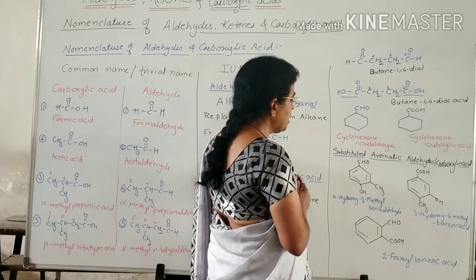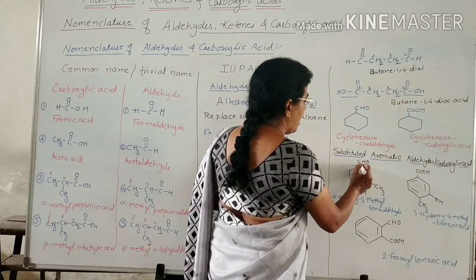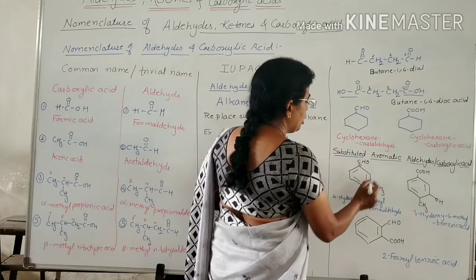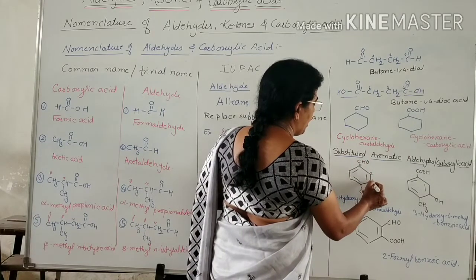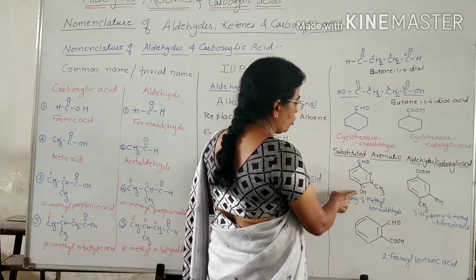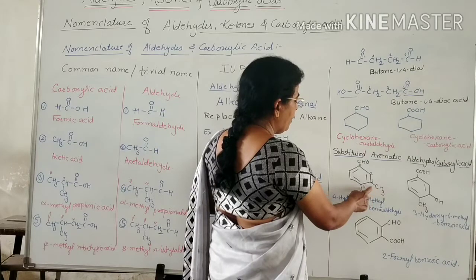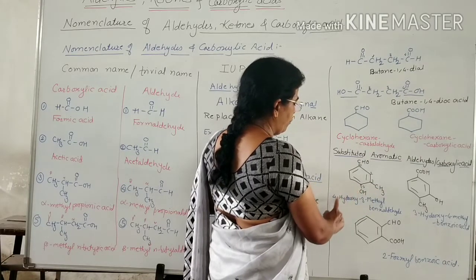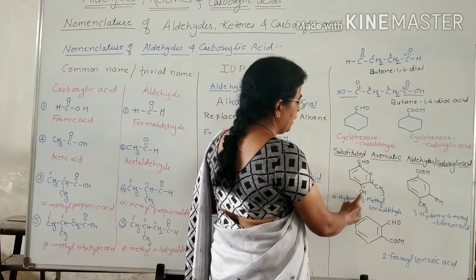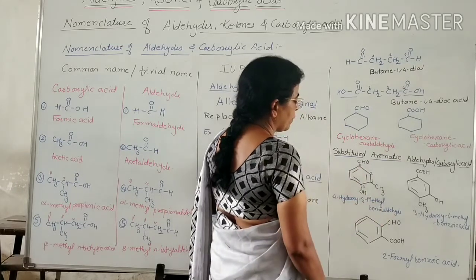But there are CH3 and OH groups present. At 1 position there is the CHO group. This is 2, 3 and 4. At 4 position there is a hydroxy group. At 3 position there is a methyl group. Alphabetically H comes first. Therefore we write 4-hydroxy, then 3-methyl and benzaldehyde.